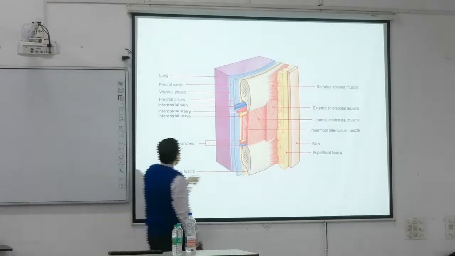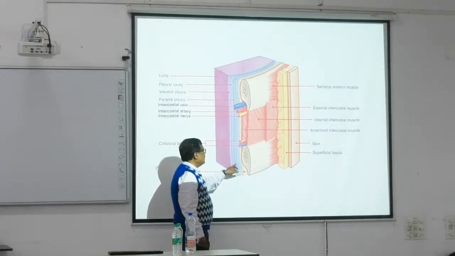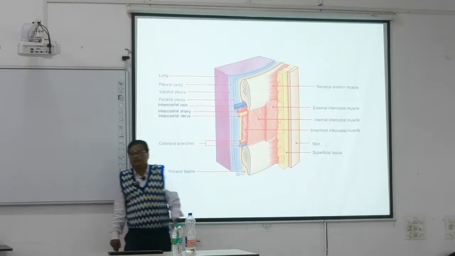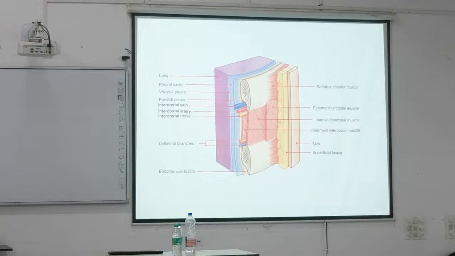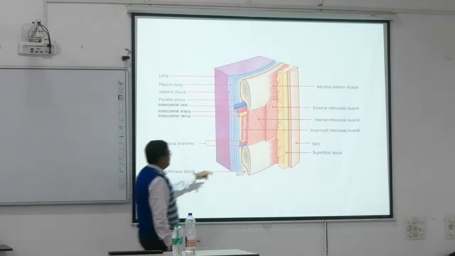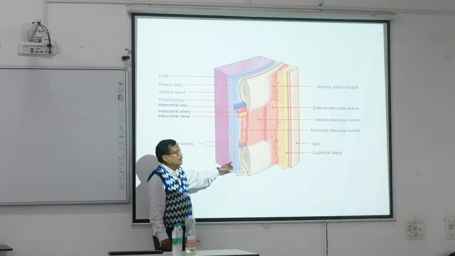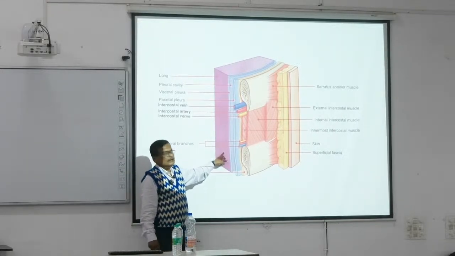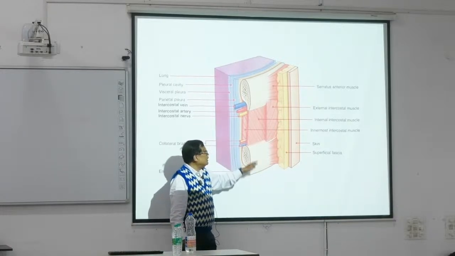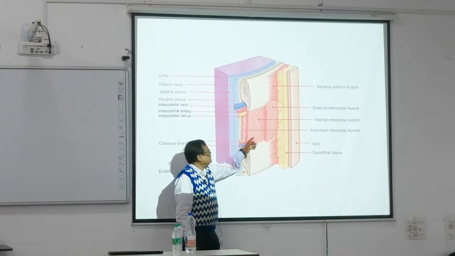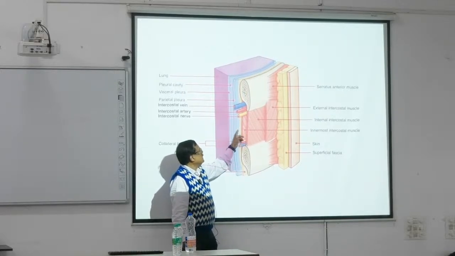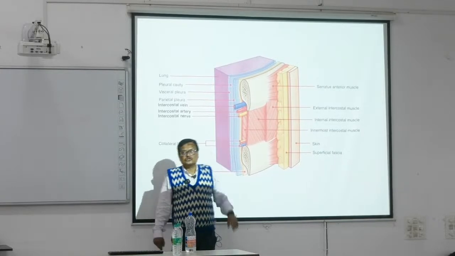Then we get 2 layers of pleura. As I explained the other day, when any viscera invaginates, it has a parietal layer and a visceral layer. So it is the parietal layer of the pleura. It is the visceral layer of the pleura. Then we find the lungs. Skin, superficial fascia, pectoralis major with its covering fascia, external intercostal, internal intercostal, innermost intercostal, endothoracic fascia, parietal layer of pleura, visceral layer of pleura, and lungs.